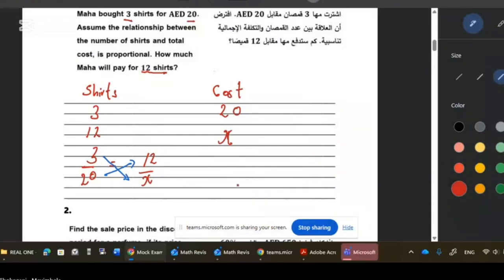Okay. Now we are going to say here 3 multiplied by x equal to 20 multiplied by 12.